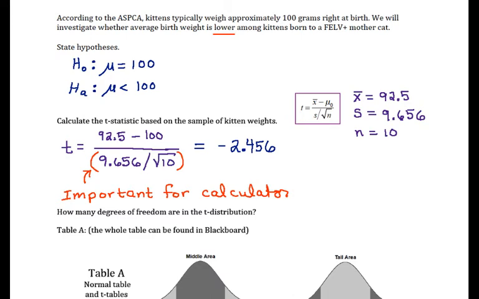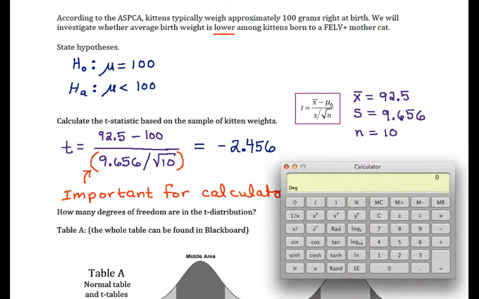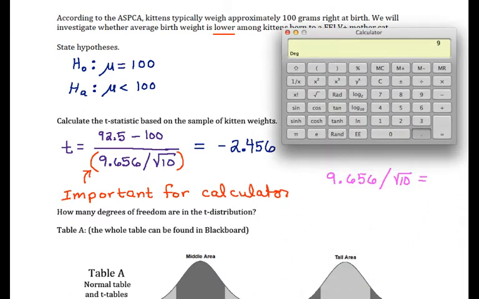So if you're not sure, the other way to do it is just to do 9.656 divided by the square root of 10 first. And we could do that in a calculator, right? 9.656 divided by 10 square root. That gets me 3.053.